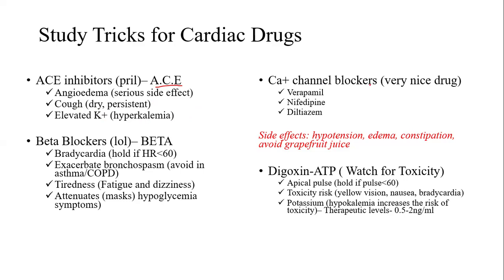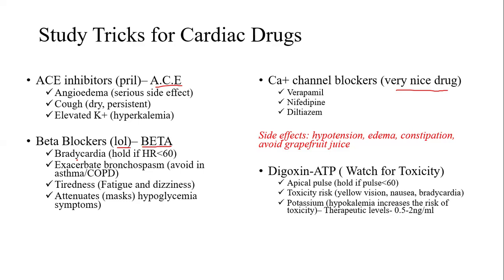For calcium channel blockers, it's very nice. You can remember, very nice drug, right? So very is verapamil, nice is nifedipine, and drug is for diltiazem. So these are the drugs in calcium channel blockers. For beta blockers, LOL is the suffix, and then beta, you need to remember it, beta, or in Urdu or Punjabi we can say beta, right?